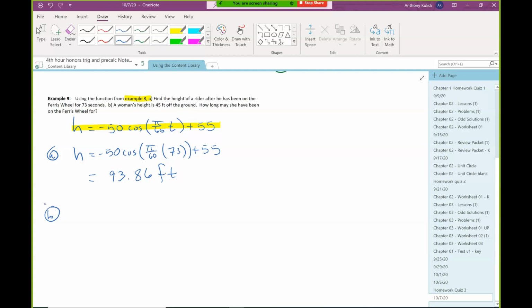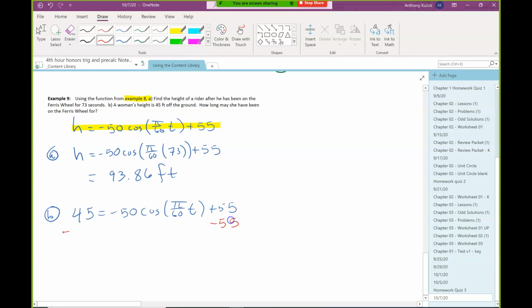What are we going to plug in for h? 45. Okay, so this is the equation we're going to solve. What do you want to do first to solve this equation? Subtract 55.